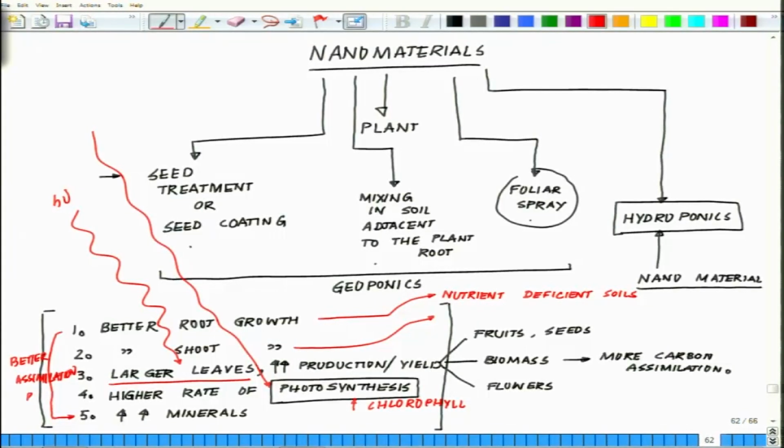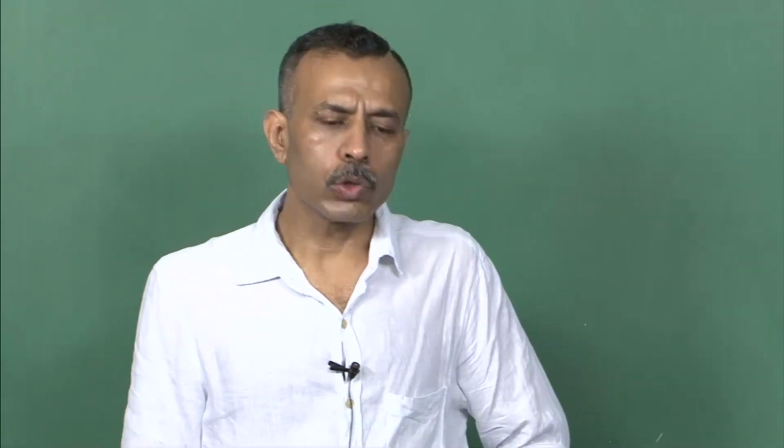And what we are essentially seeing after that is higher fruit production, seed production, higher biomass, and better flowering.